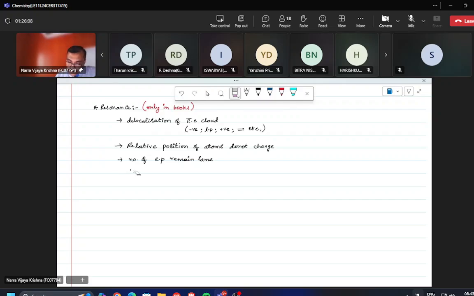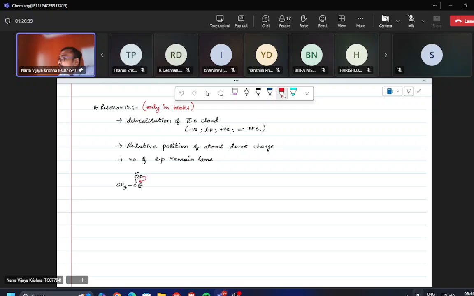Now, I am writing like this. Listen. CH3 C double bond O plus. And this oxygen has a lone pair of electrons. Can this oxygen donate its lone pair of electrons into this? Why?